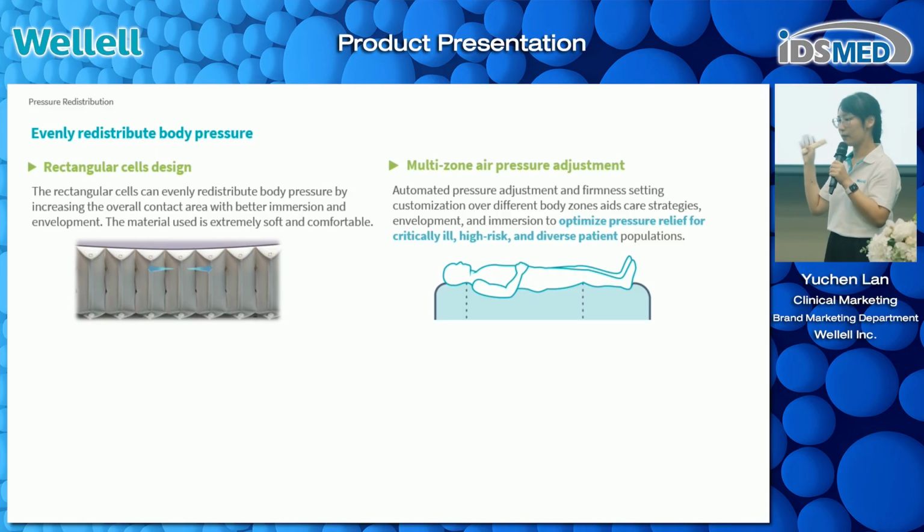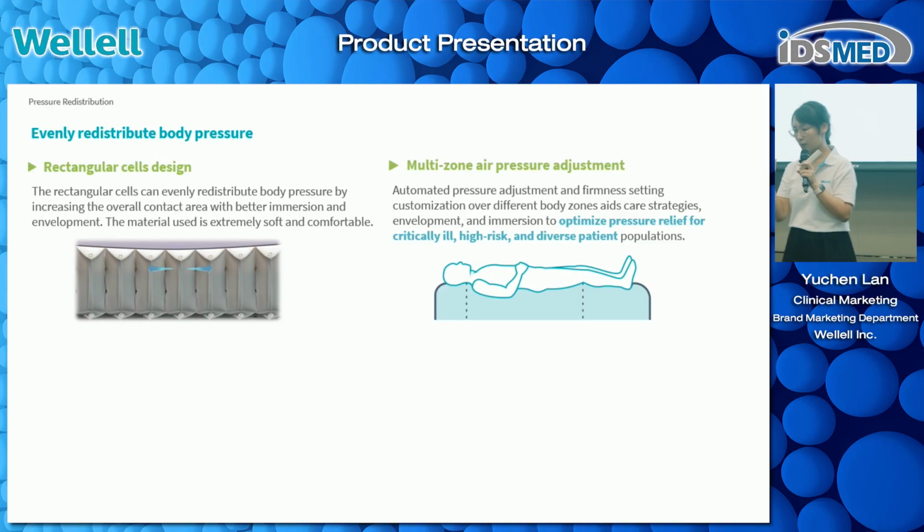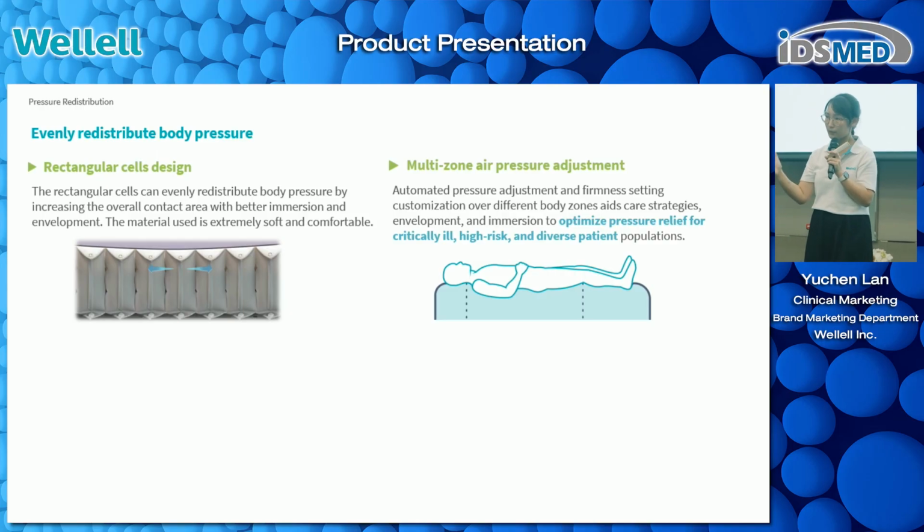Others, for the very high risk patients, for example, our Optima Turn, not the whole mattress has the same pressure in the air cells, but we separate it into 3 zones. It's called multi-zone pressure adjustment. So we can separate into the head zone, the trunk zone, and the lower leg zone because of the different weight of these different areas.